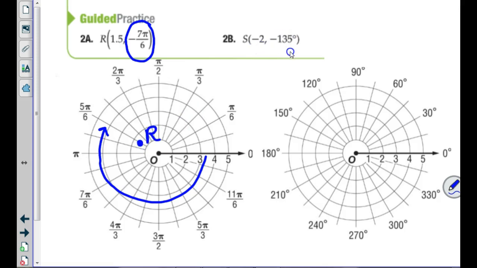This one is a negative, negative in degrees. 135 would be this line right here normally. So it would be 1, 2, 3 lines back from 180. But I'm supposed to go negative that much. So I'm going this way. Negative 135 would be 3 lines back this way from 180. But then it said negative 2.